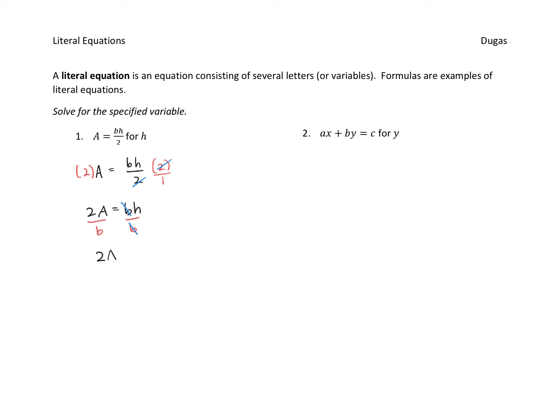And now I have 2A over B is equal to H. Notice that the H is by itself. So I'm now finished. If you like, you can change the side so that the H is on the left. Some people prefer that. But either way, you're done: H is equal to 2A over B. And that's it.